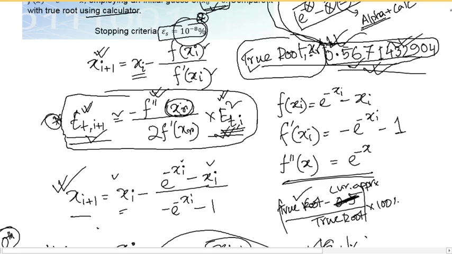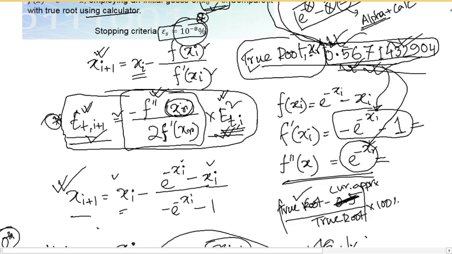So f double prime of xr is e to the power minus x. If we put the true root here, we'll obtain a value, and 2f prime of xr, if we put the original root here, you'll get again a value.